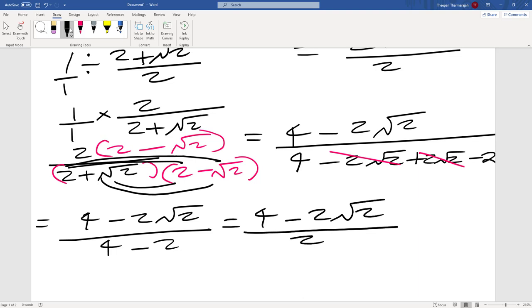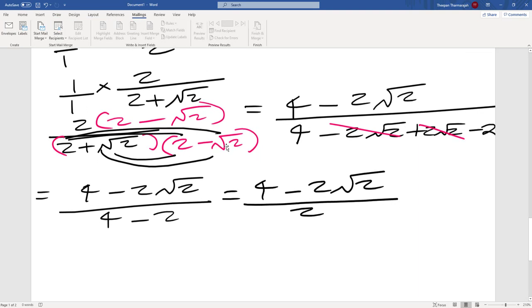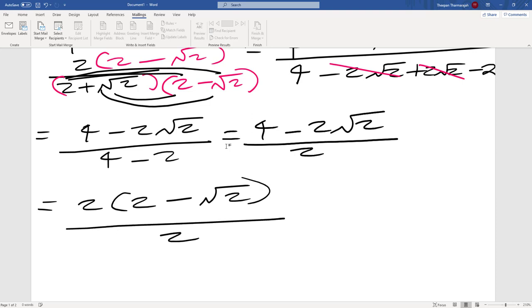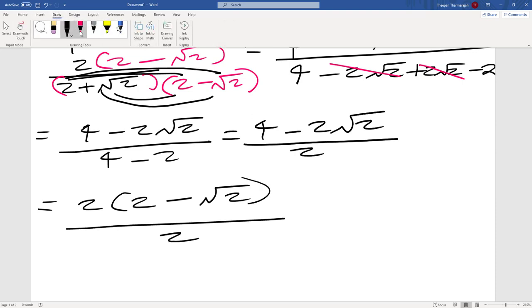Now what I have to do is simply factorize the numerator by taking a common factor of 2 out. So I get 2 times (2 minus root 2) all divided by 2, and the 2's will cancel out. So I get a 1 left over here and a 1 left over here. And 1 times 2 minus root 2 is 2 minus root 2.